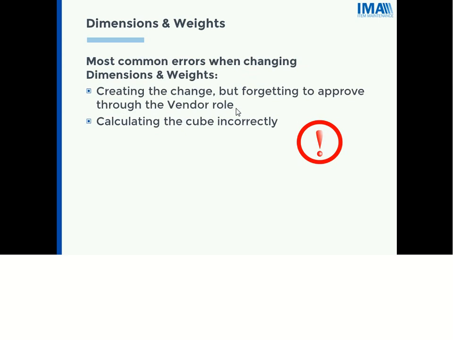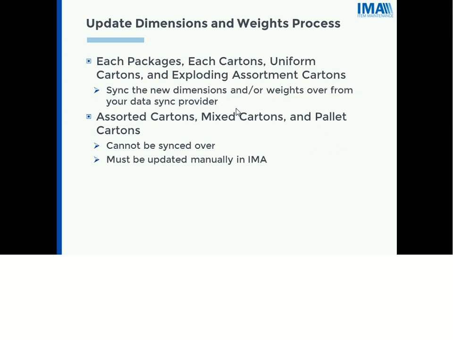The most common errors when changing dimensions and weights are creating the change but forgetting to approve it through the vendor role, and that's really true for any change request, or calculating the cube incorrectly. The process for updating dimensions and weights depends on the type of package or carton you're trying to update.